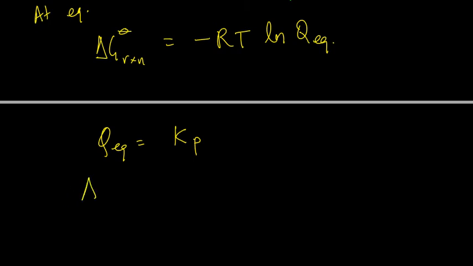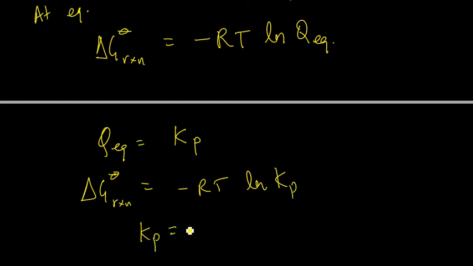So what we can write is delta G naught reaction is equal to minus RT log Kp, or Kp is equal to e to the power minus delta G naught reaction by RT. This is how you relate. This is the equilibrium constant, right?